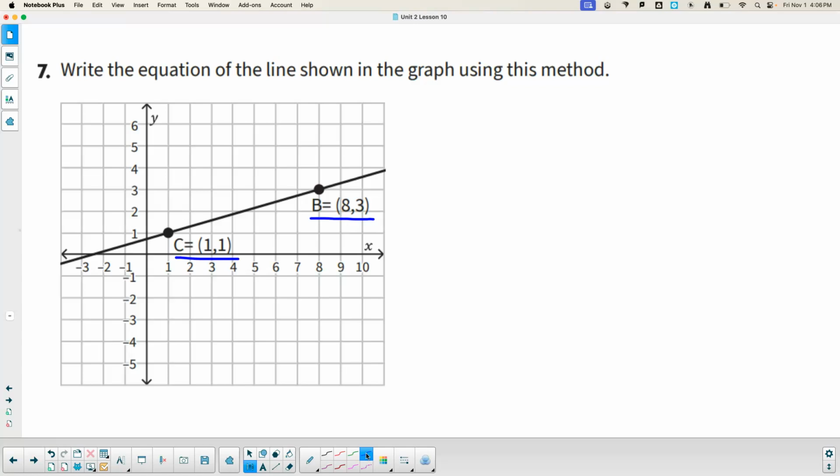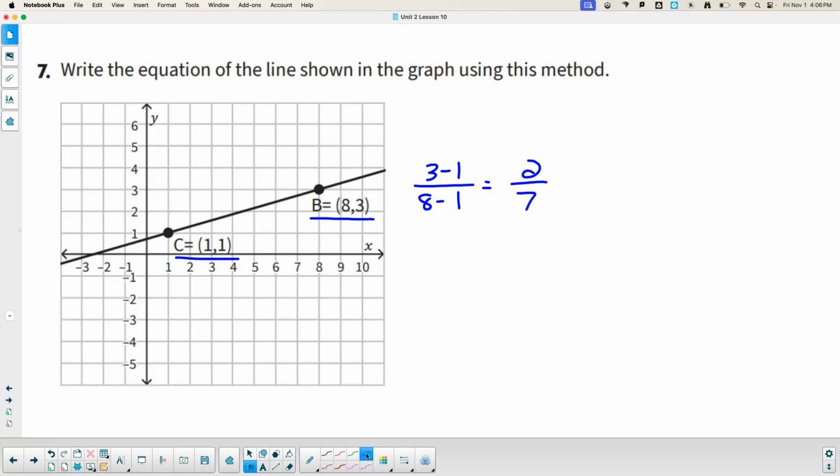So the first thing I could do is find the change in y's over change in x's. So I could go 3 minus 1 all over 8 minus 1, which would be 2 over 7.